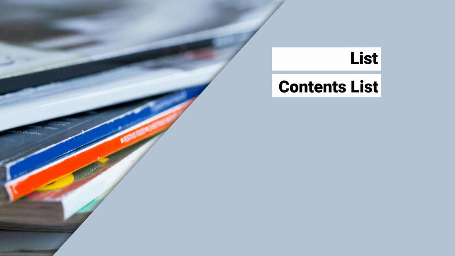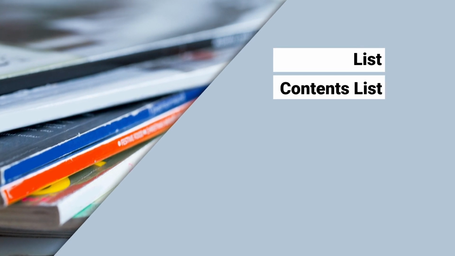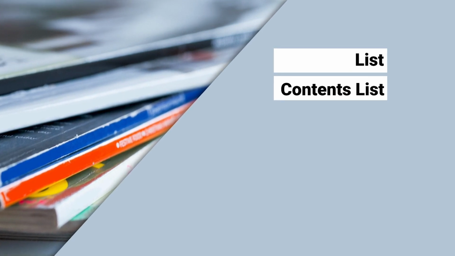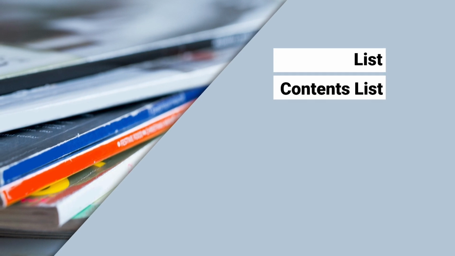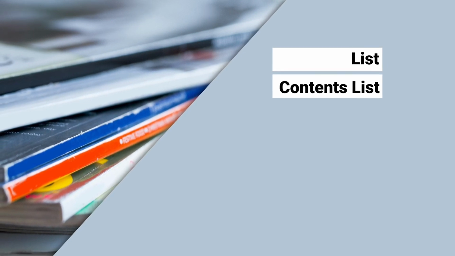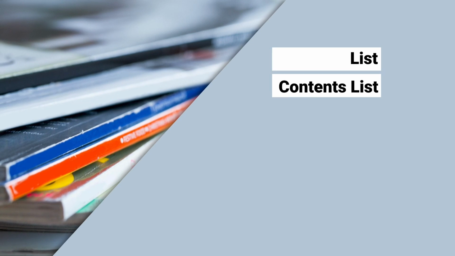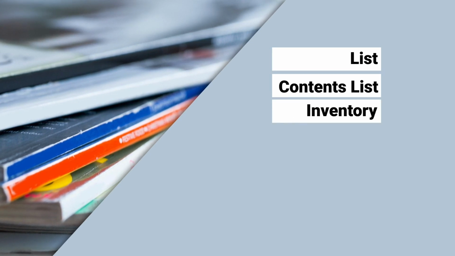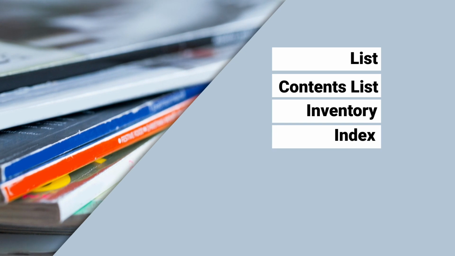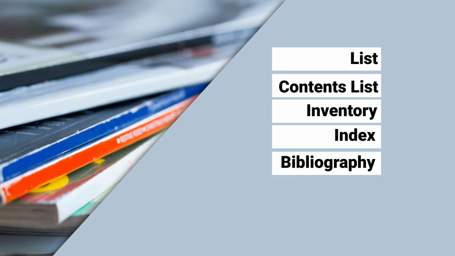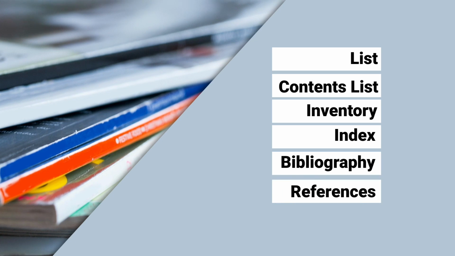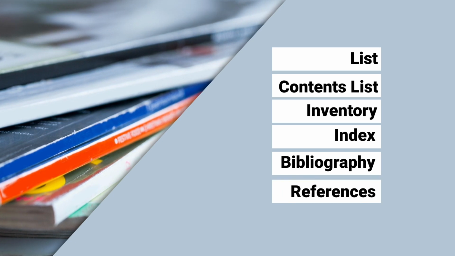When we talk of a library catalog, it is much more than that, but when we think of a catalog, these terms come to our mind: a list, a contents list, an inventory, an index, a bibliography, a reference, a number of references. So we will talk about these one by one in detail so that we are able to see how similar or different all these are from a library catalog.